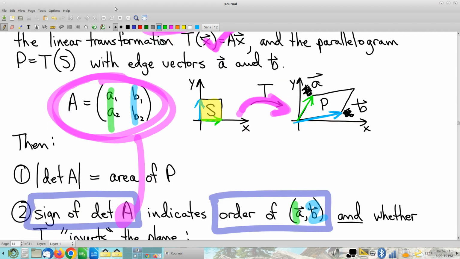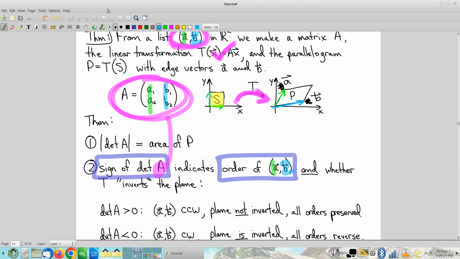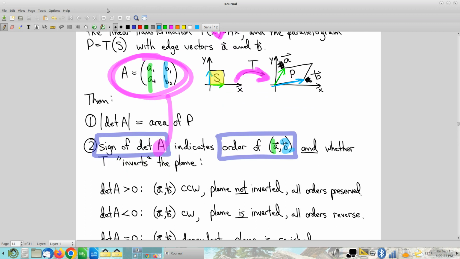And in this case, what we would find is that this determinant would be negative, corresponding to the fact that this list is now clockwise. So negative determinant means clockwise, positive determinant means counterclockwise.